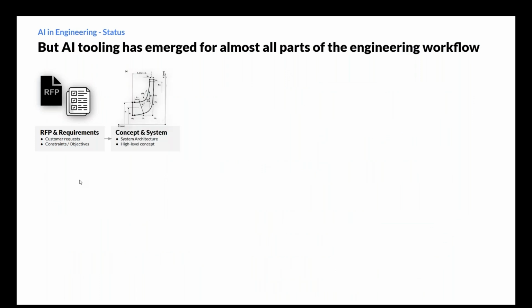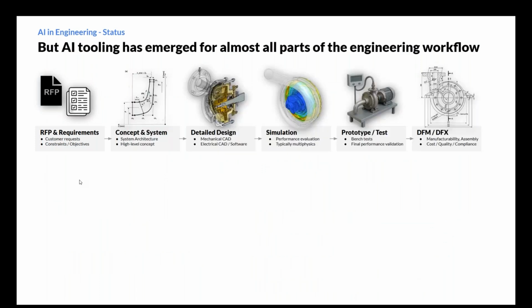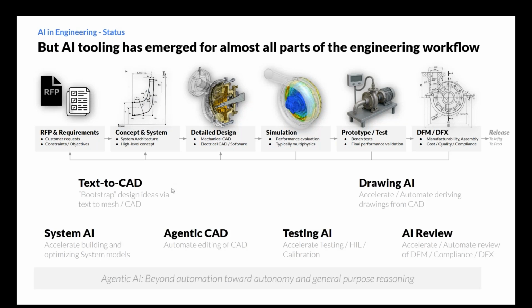So across the whole engineering design process, it might look like this or slightly different. There are a lot of opportunities for AI to support the engineering workflow and be more productive. Starting from initially reading the RFP, RFQ requirements automatically, then maybe from 2D to 3D drawing, testing in the end, and reviewing the results.